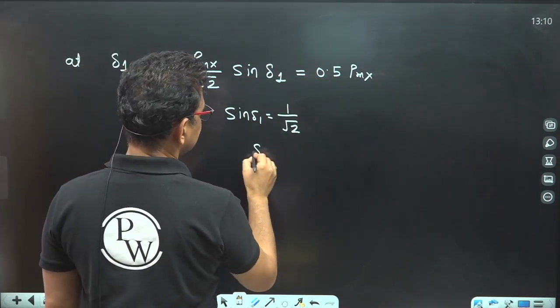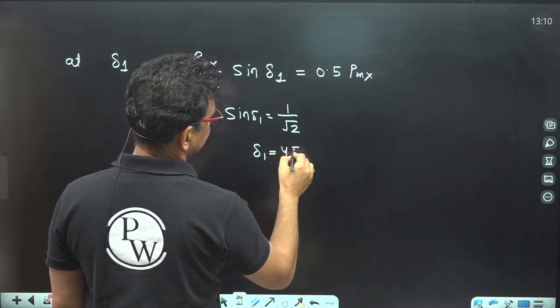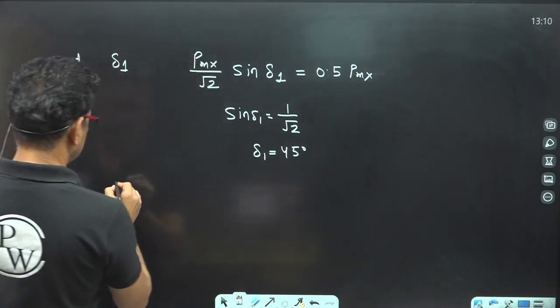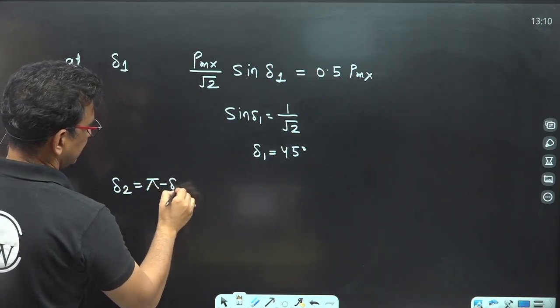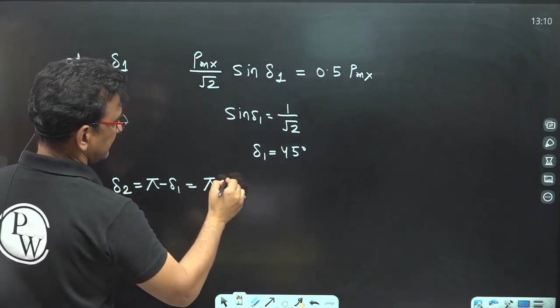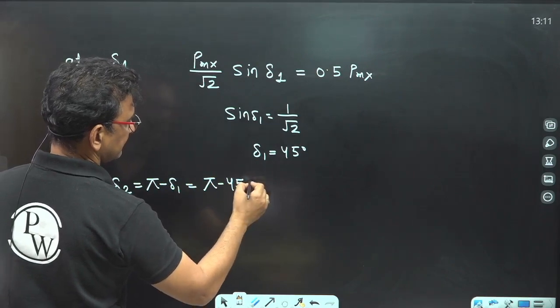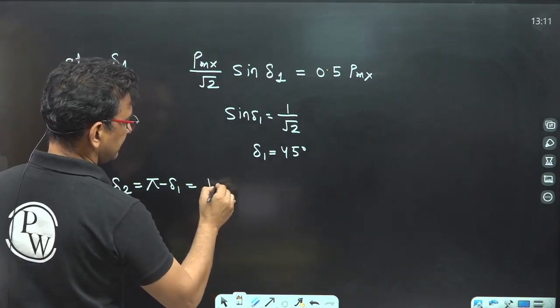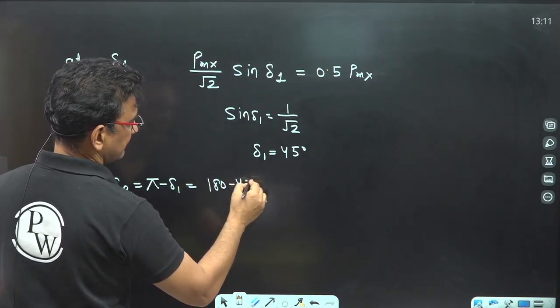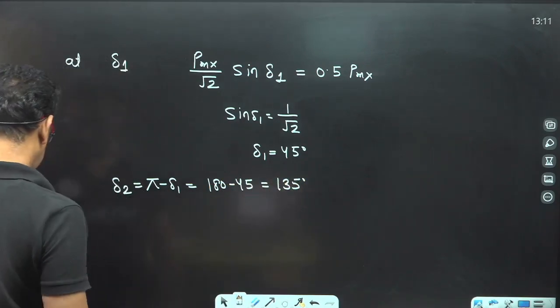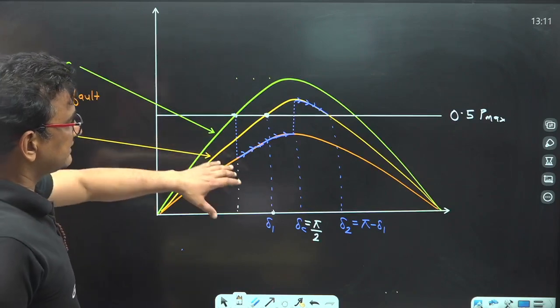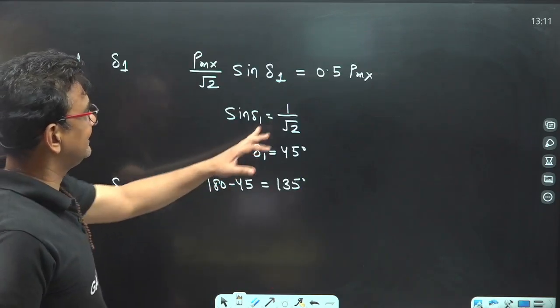So delta 1 is nothing but 45 degrees. So the value of delta 2 is pi minus delta 1, 180 degrees minus 45, which is 135 degrees. So the accelerating area is equivalent to the available decelerating area.